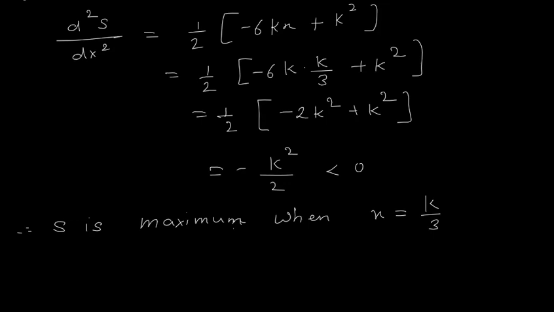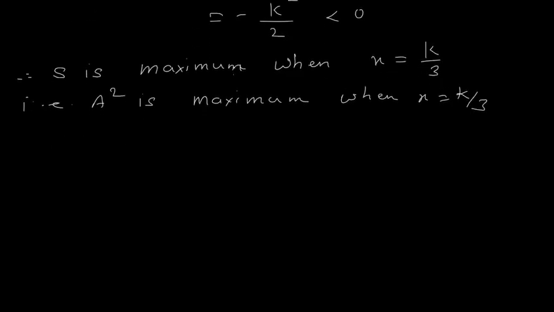That is, area square is maximum when x is k upon 3. That is, if area square is maximum, then area is maximum when x is equal to k divided by 3.